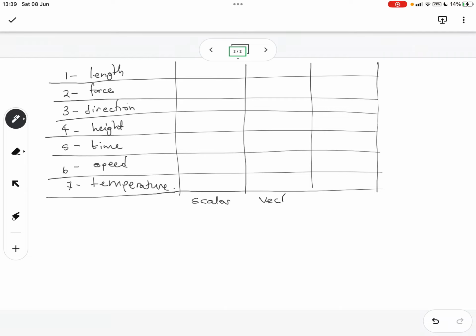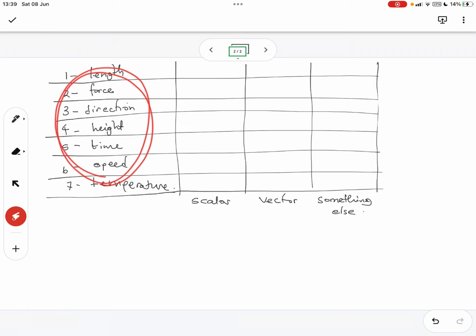And the boxes are as follows: scalar, vector, or something else. And each of these physical quantities, we are going to classify by ticking the correct box, whether they are scalar, vector, or something else. Are you ready?